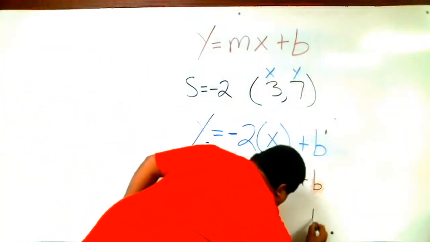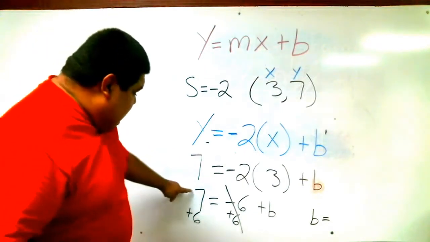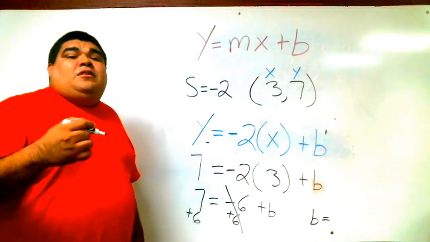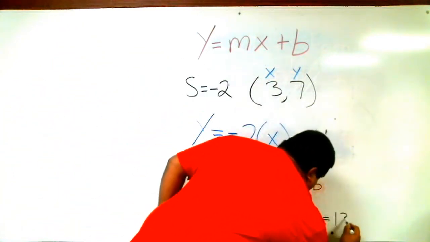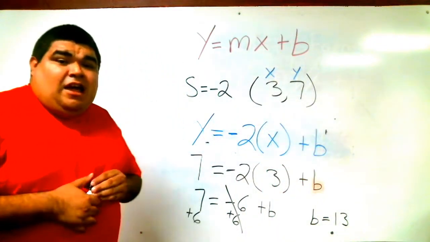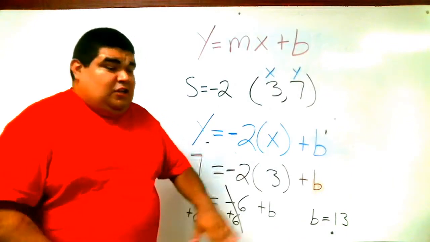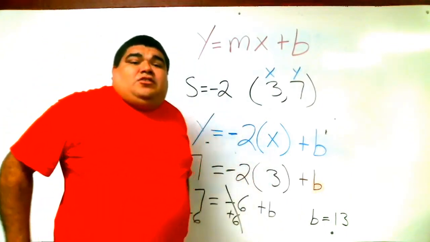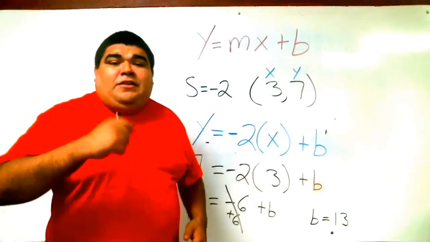So our b equals 7 plus 6, which is 13, right? So b equals 13. Now that we have that, we can actually create our equation because we have the slope and we have our b. So now let's combine everything together to make that new equation.